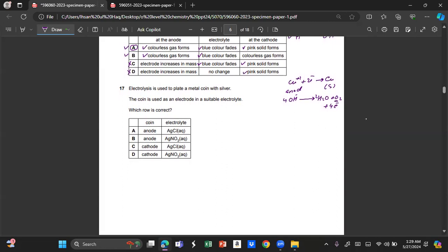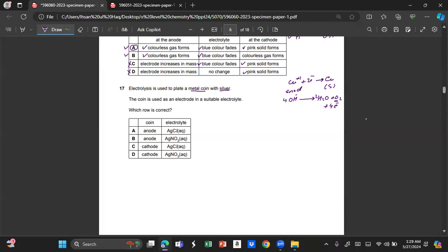Electrolysis is used to plate a metal coin with silver. We will be taking silver at the positive electrode and the metal coin which is to be electroplated at the negative plate or negative terminal of the DC source.